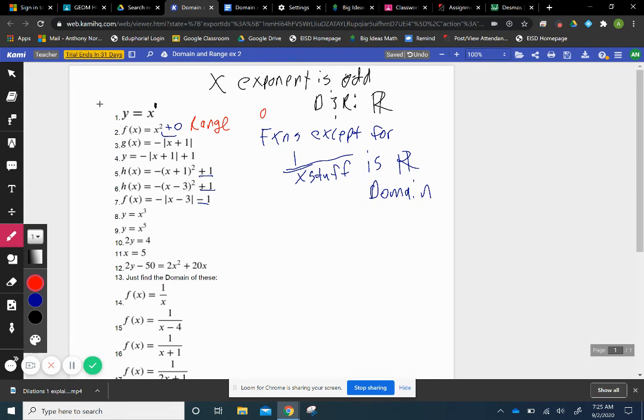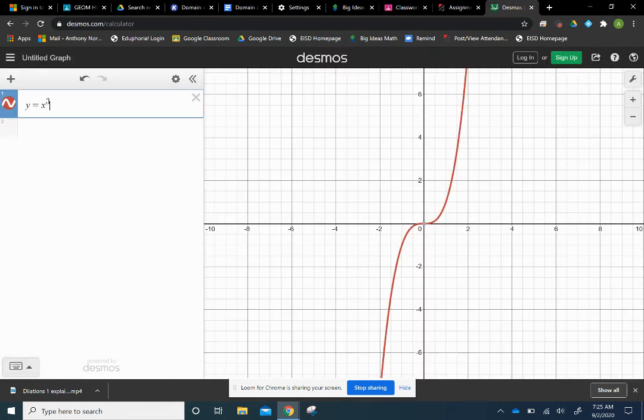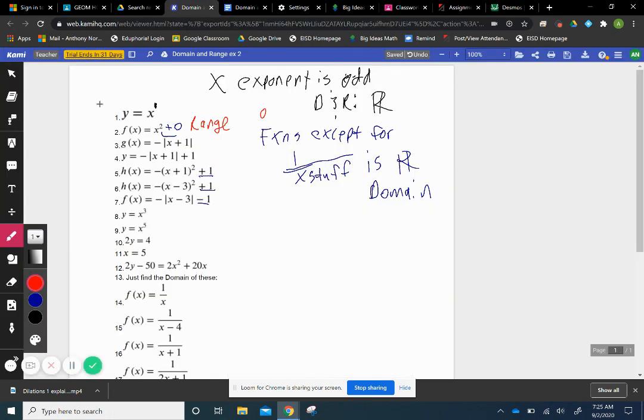When it's an even number up top, it's going to face up. When it faces up, we're going to use the greater than or equal to symbol, and we always put y. So that is the range as an inequality.